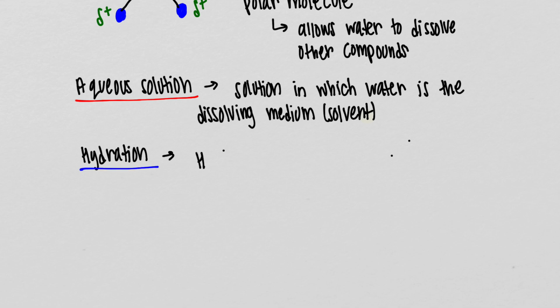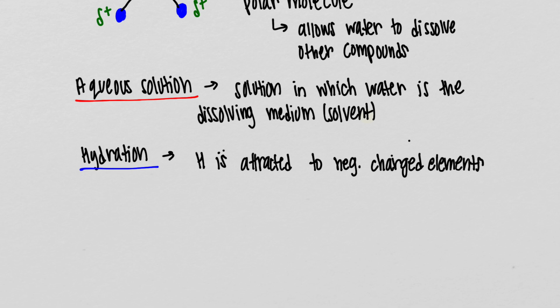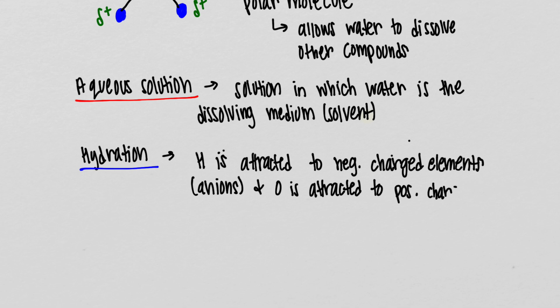Here hydrogen is attracted to negatively charged elements, which are anions, and our oxygen is attracted to the opposite, positively charged elements, which are cations.